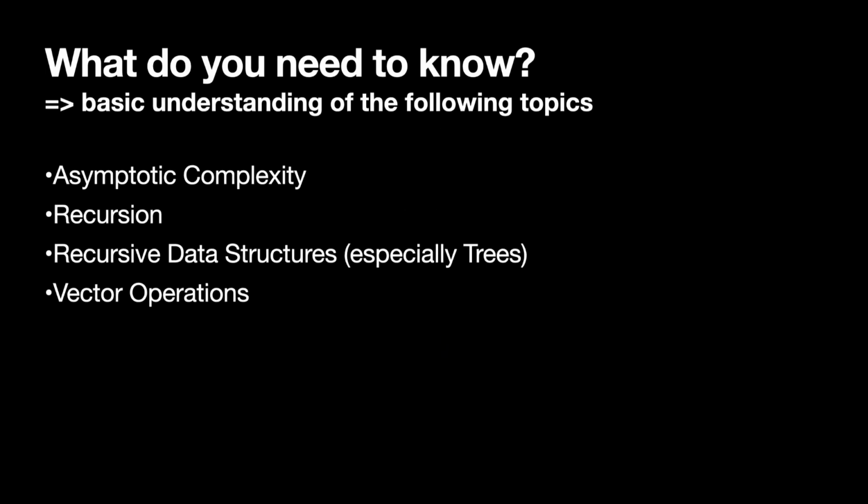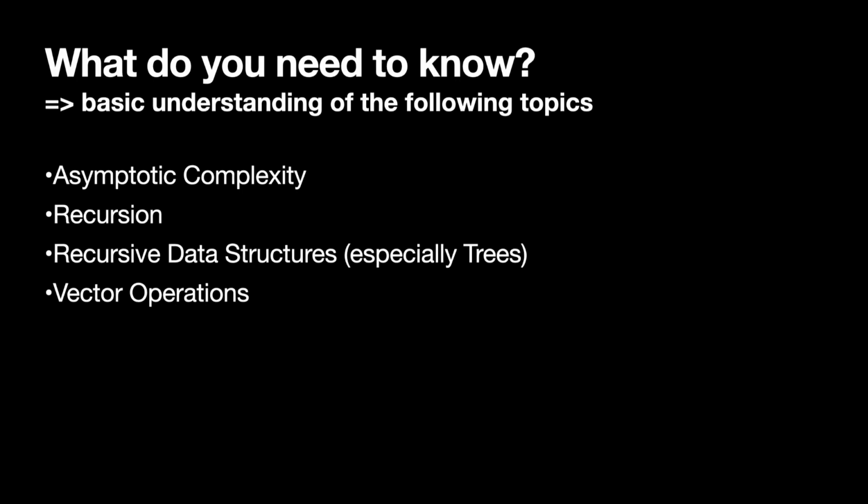So what do you need to know? As I said before, this is not a beginner video, so you should at least have a basic knowledge of the following topics. You should be familiar with asymptotic complexity and the usage of the big O notation and what it means in regards to runtime and algorithms in general. We will also dive into recursion, so you should have a solid grasp on this, as I will not explain it any further than I need to.